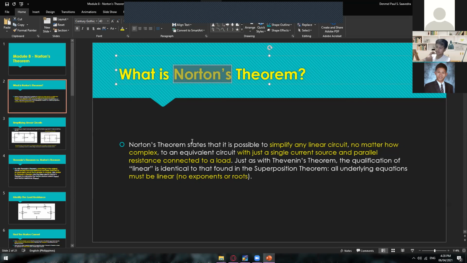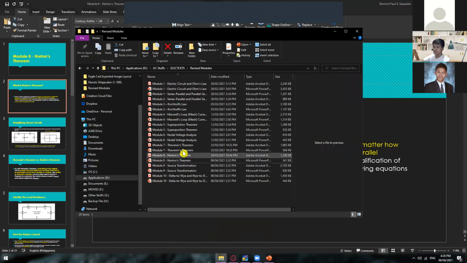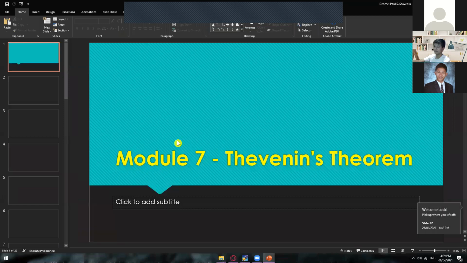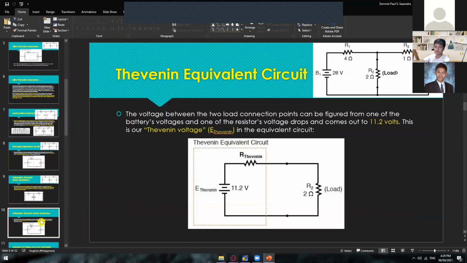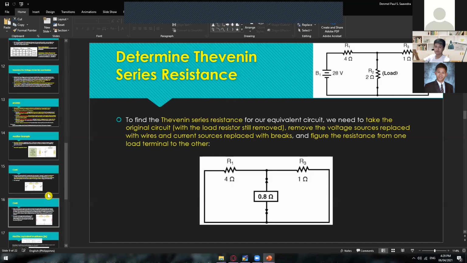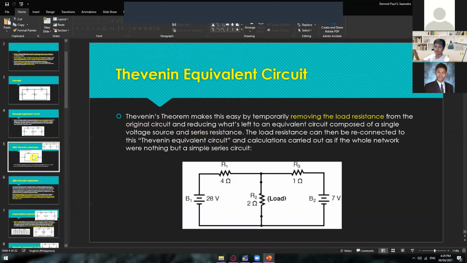But you will always come up with this kind of simplified circuit. Anyway, so let me just recall so that we can compare the Thevenin's theorem. So in Thevenin's theorem, where is that equation?